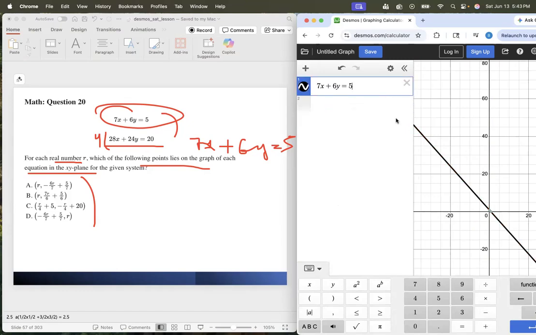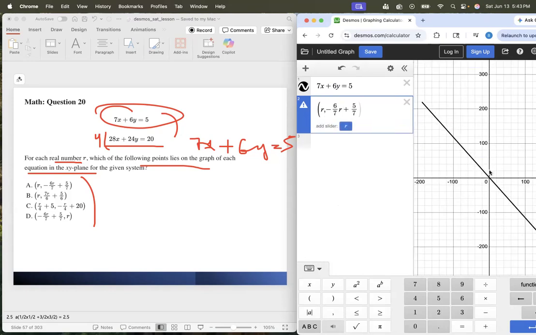I only need one. Now, we're going to input each one of these points in it. I don't know what it is, but I will say, what is this point? Plot this point for me. R is equal to minus 6, 7R plus 5, 7. Then I'll pick a slider and I'll see where the point is.